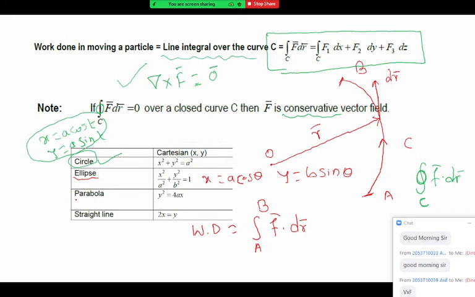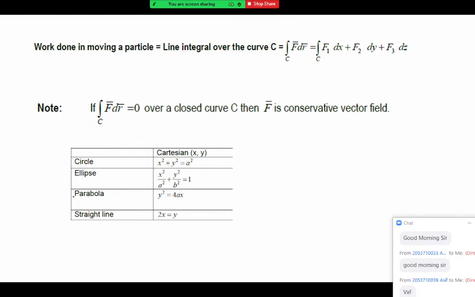That's one. For the parabola, can you tell me what should be the parametric equation of this parabola, y square equal to 4ax? What is the parametric equation for the parabola?